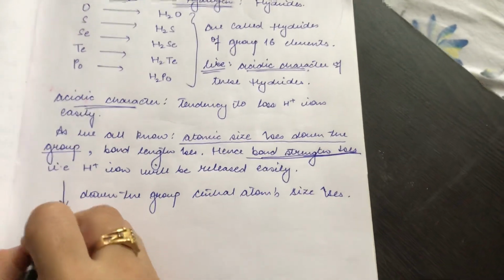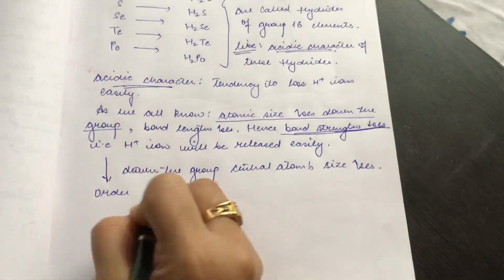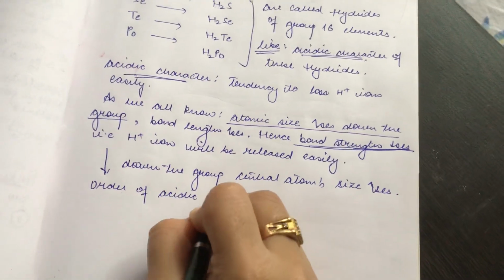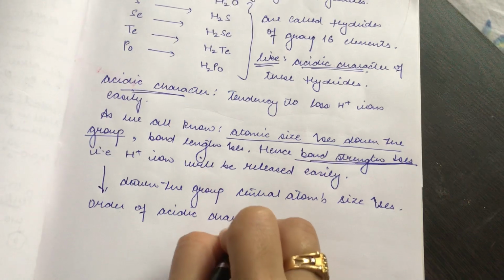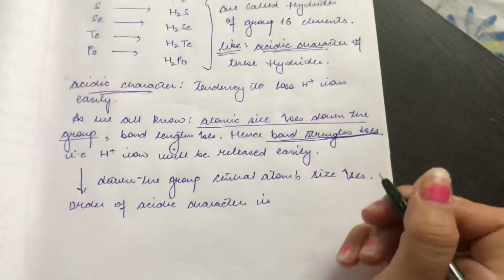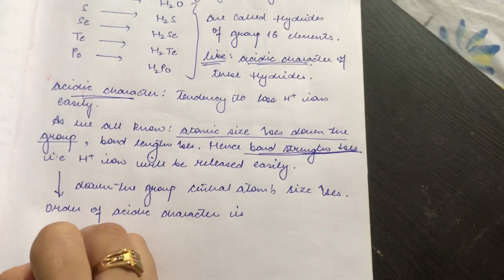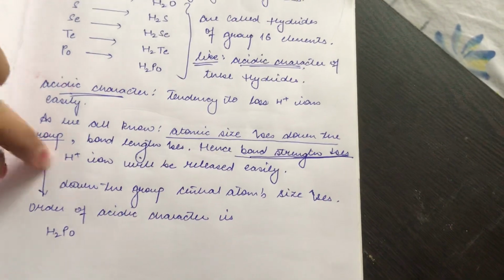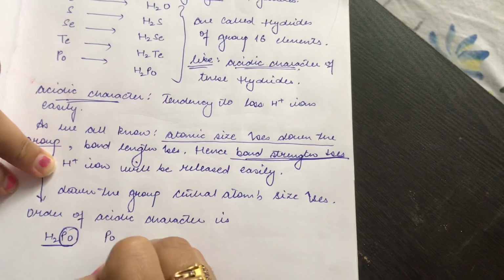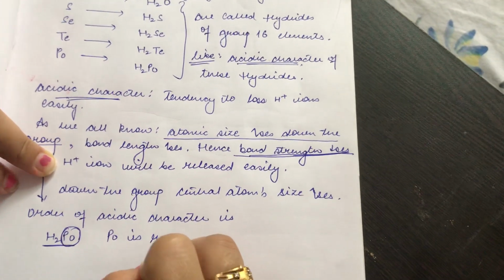So what is the order of acidic character? It is H2Po.